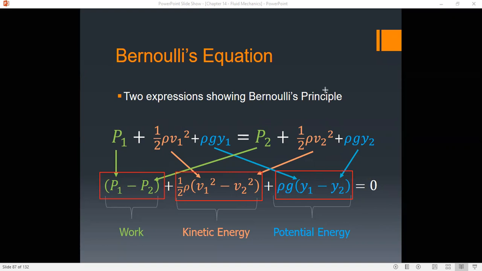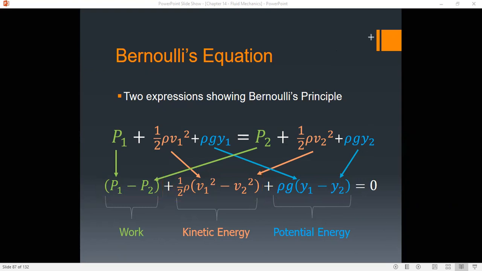And that's all Bernoulli put together to come up with this, but it has some very, very important ramifications. And again, we can think about it this way. If I want to increase the pressure, it has to be at the expense of the kinetic energy. We've got to give up some kinetic energy to increase the pressure. If I want to increase the velocity, that has to come at the expense of pressure. Okay?